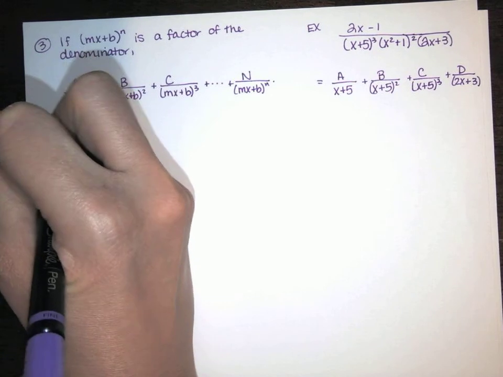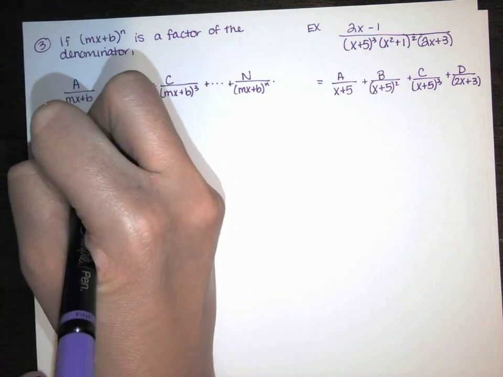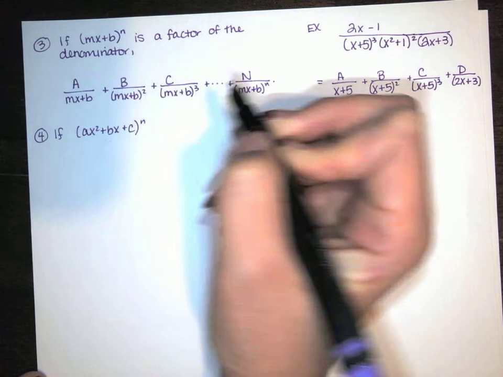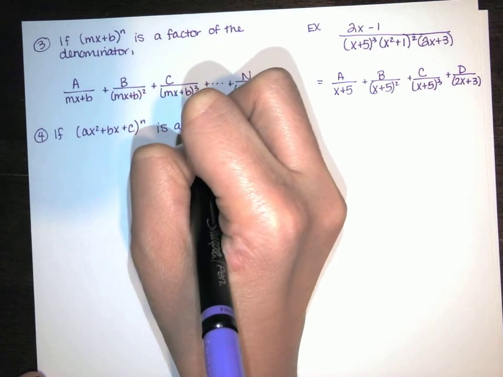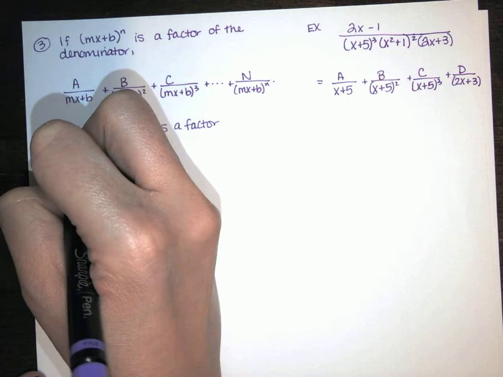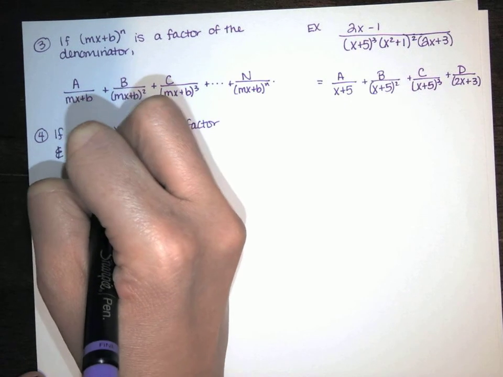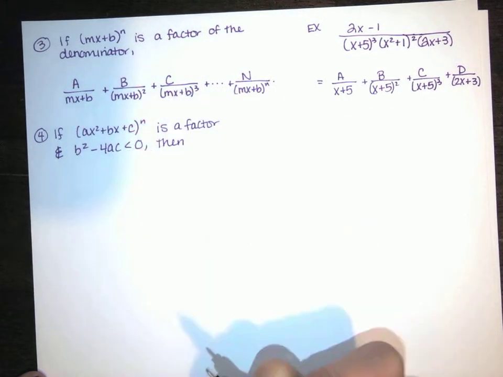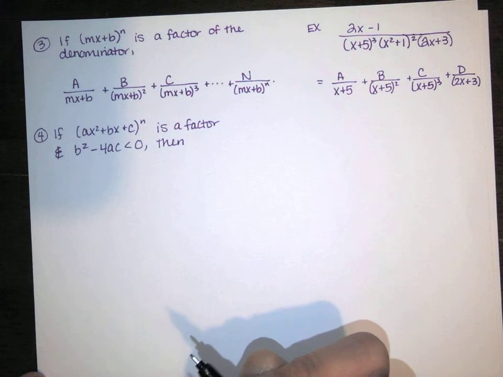Now, if an irreducible quadratic, ax squared plus bx plus c, is a factor, and we're assuming it's irreducible, so b squared minus 4ac is negative, then this is what you're going to see in the partial fraction decomposition.